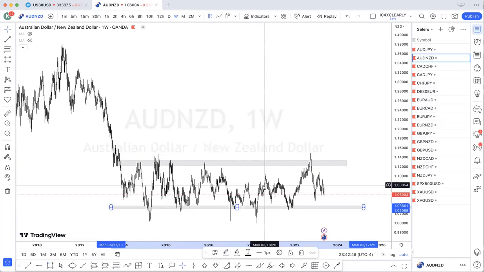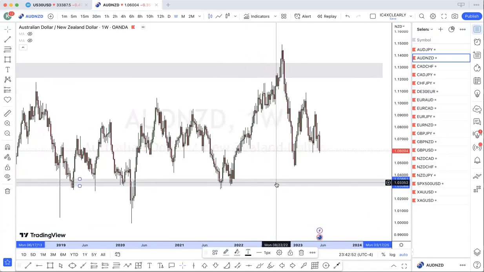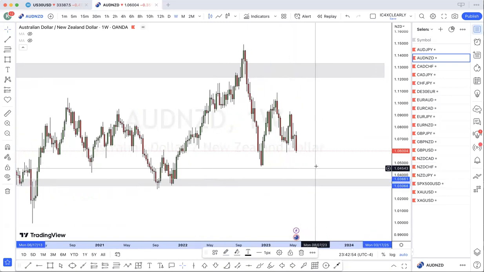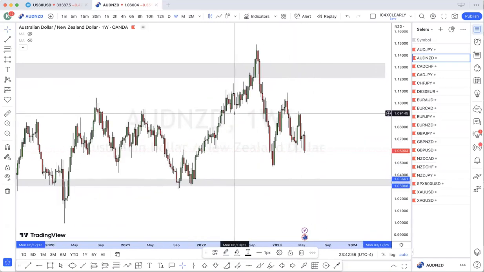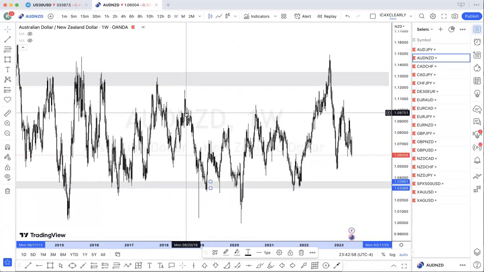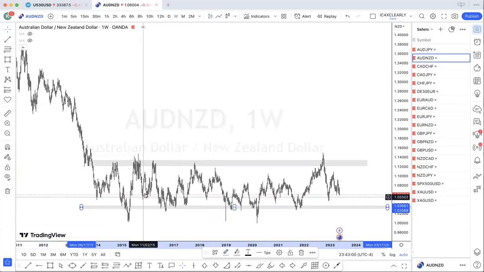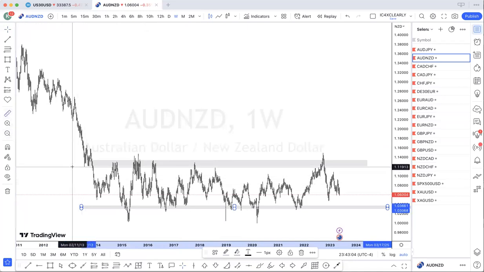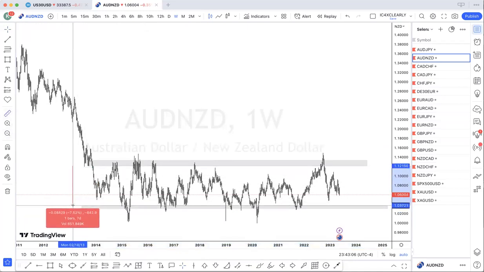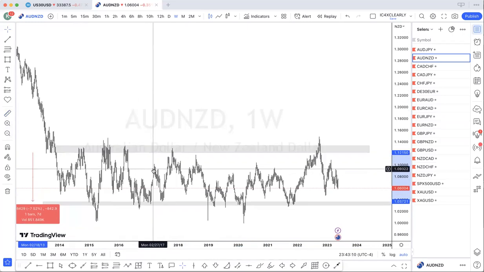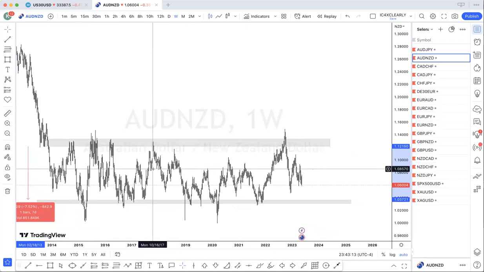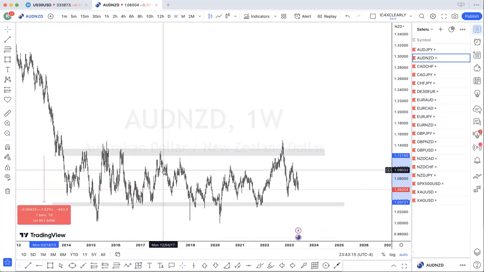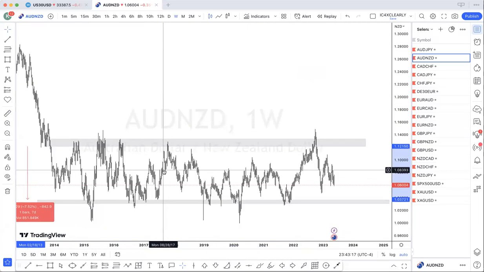More taps right here. Price has been trading between here and here, which is approximately 842 pips.